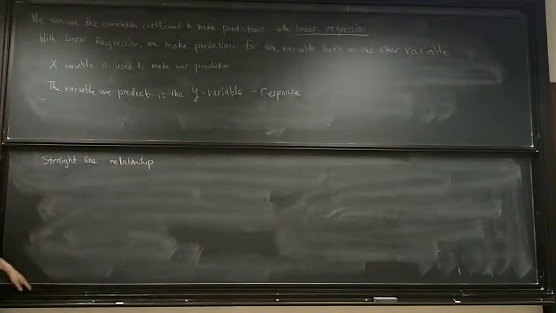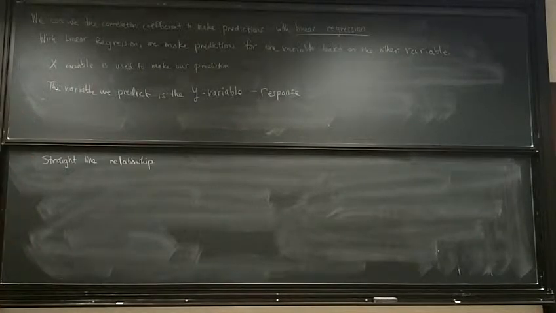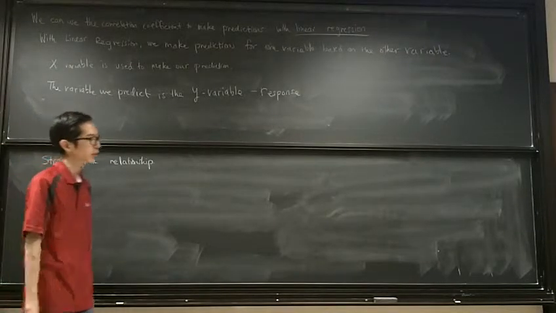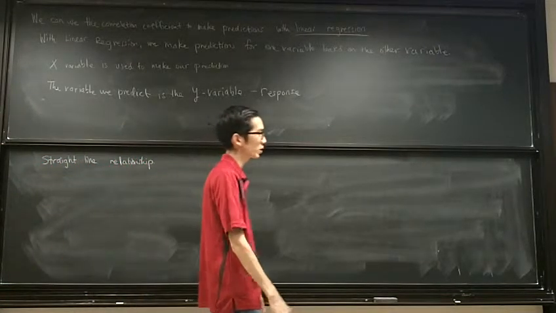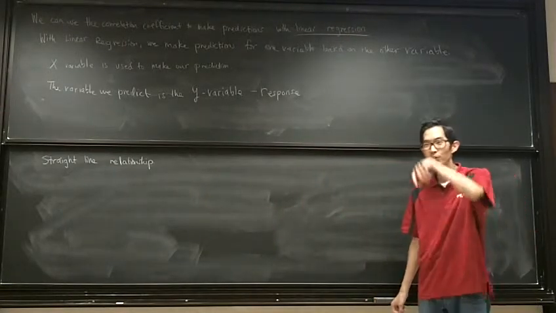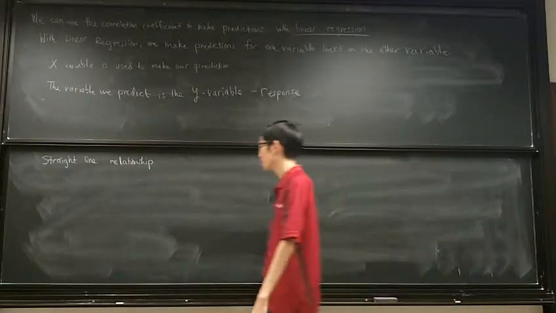Okay, so to make this straight line relationship with linear regression, we are going to create a regression line. Now, from algebra, how do we write the equation of a straight line? You guys remember? Y equals mx plus b. Y equals mx plus b, right? This is from algebra.